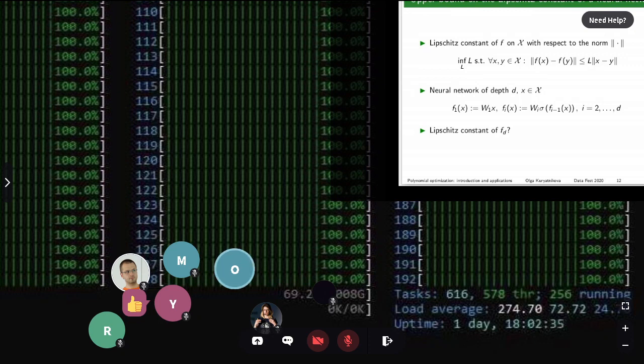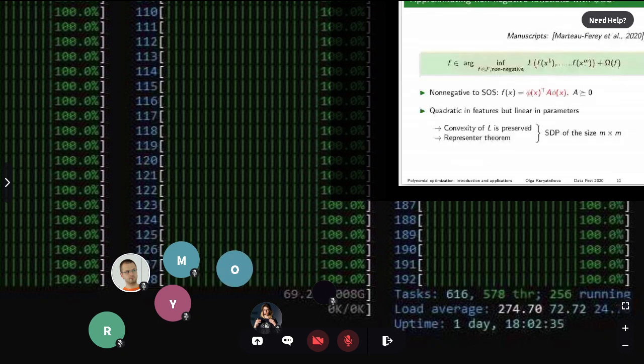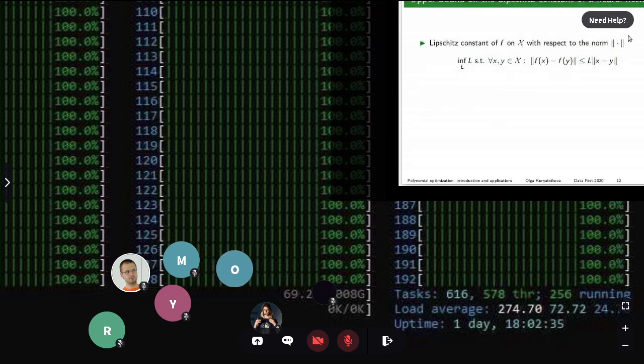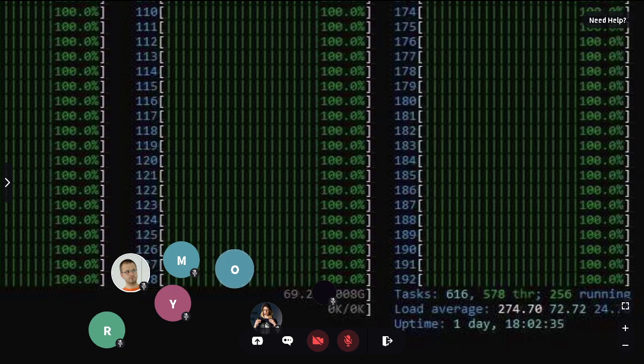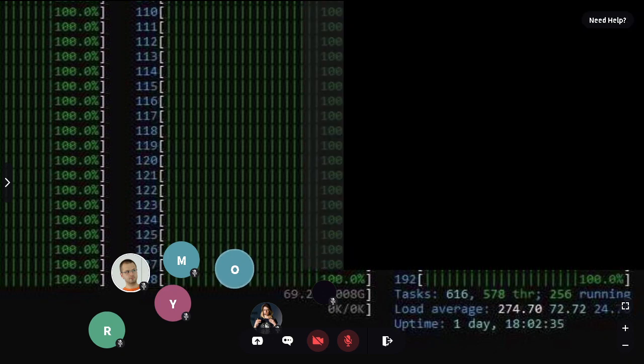So the norm here is just a norm, as long as we can write it as a polynomial, or some relaxation of it as a polynomial. Yeah, it's pretty free.